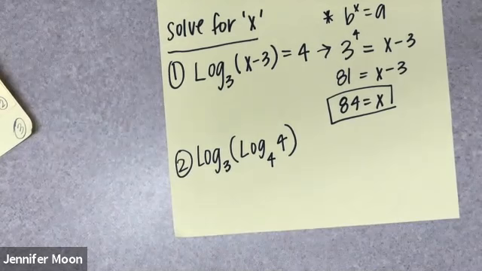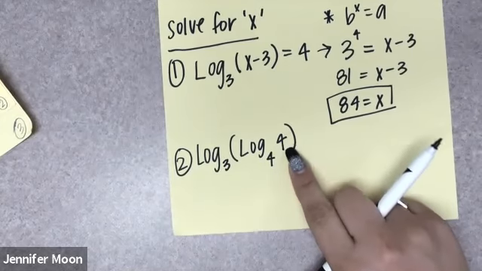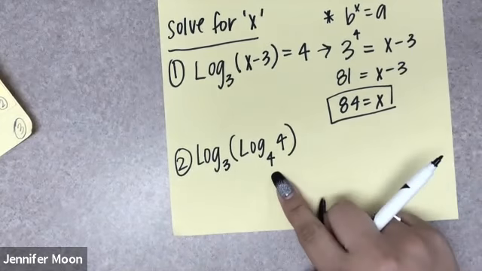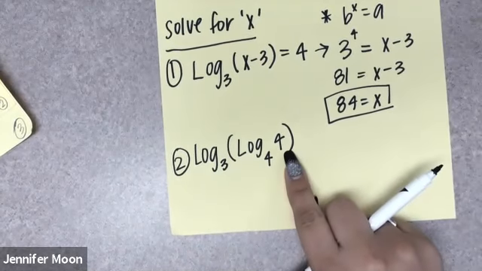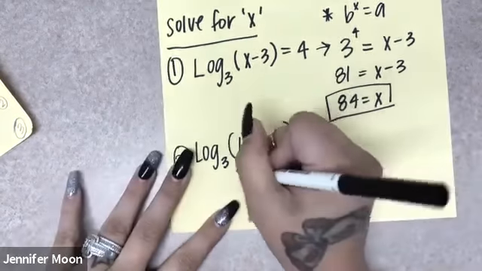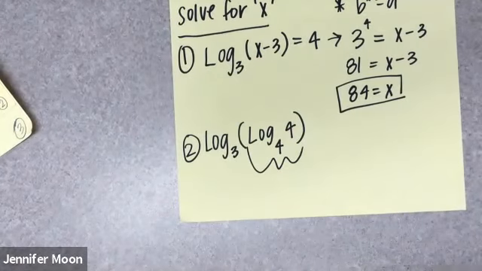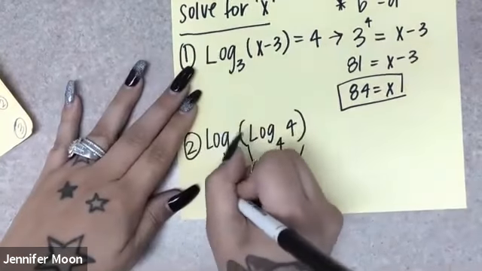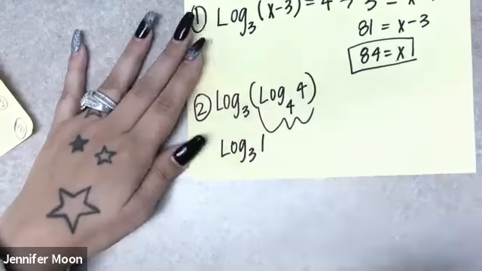Okay, does anybody remember the property? If you have log base b of b, this would be saying b raised to the what power equals b, right? So all of this, again, property is so important. All of that just became 1. So I'm going to rewrite this right now. Log, can y'all see me? Base 3 of 1.